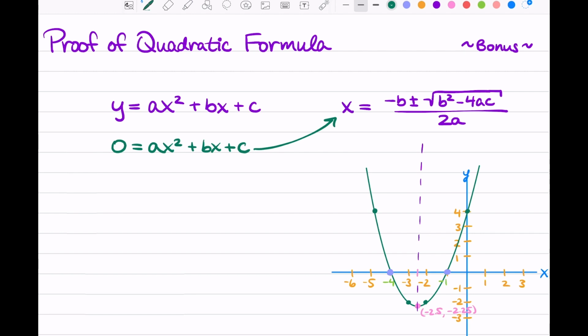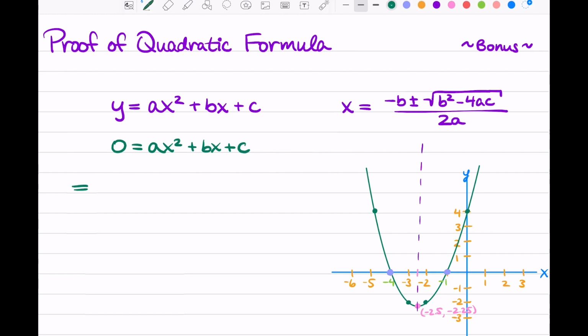Those are the roots. So the question is, how do we solve for x? We have an x squared here and an x here. Somehow, we need to get x on one side of the equation so it looks like our quadratic formula. So the fancy math folks, they tried different ways to do this, and they finally figured it out.